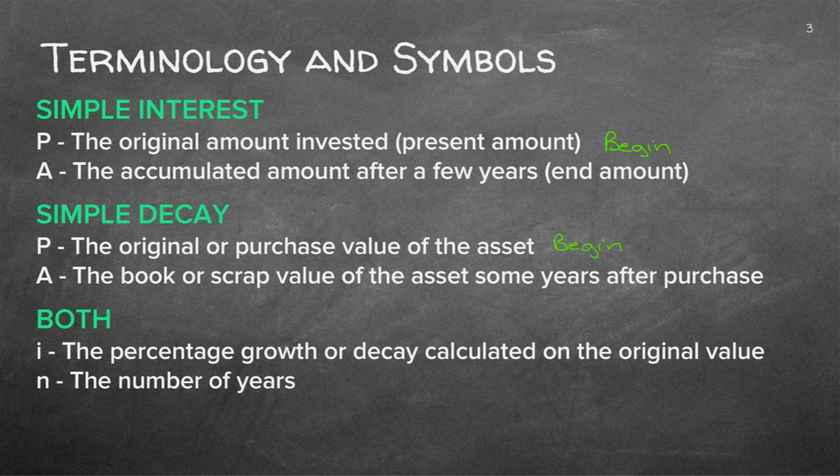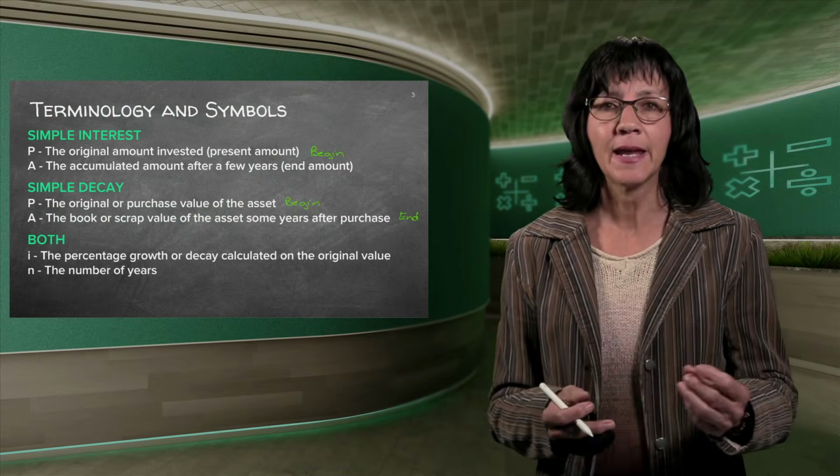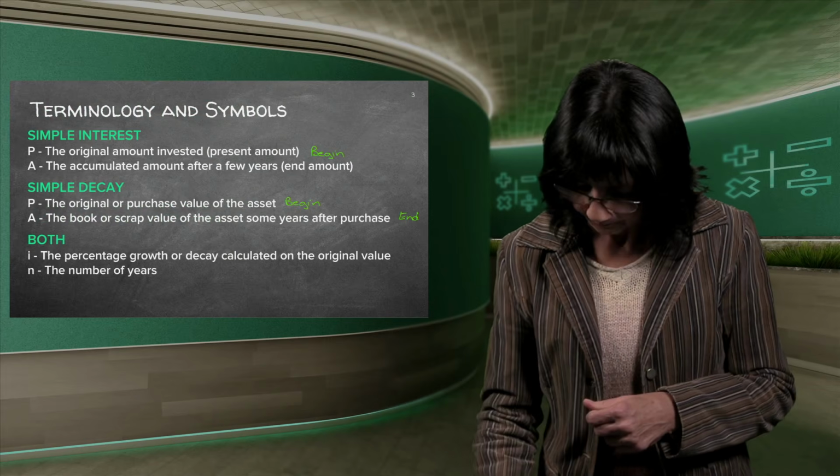But for simple decay, if it's depreciation, then it's the scrap value or the book value of the vehicle or whatever at the end. So it's all the end if you look at the A. And then the I and the N automatically is the same. Just remember I, we prefer the decimal format, not the fractiony one. We make too many mistakes with fractions. And N is the number of years.